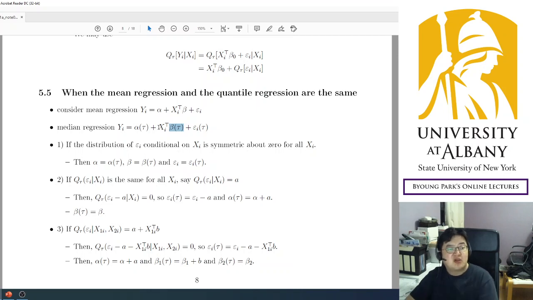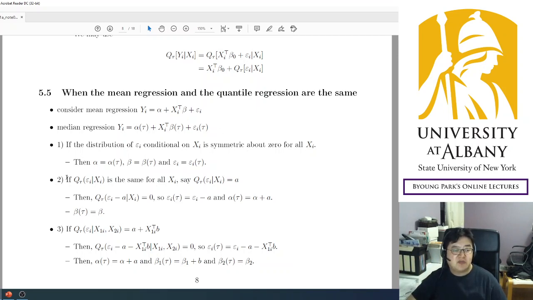Here we are going to consider the median, but I will keep tau, so the dependence of the coefficient on tau is explicitly denoted. In the first case, if the distribution of epsilon conditional on x is symmetric, then the mean regression is equivalent to the median regression. It's intuitive.